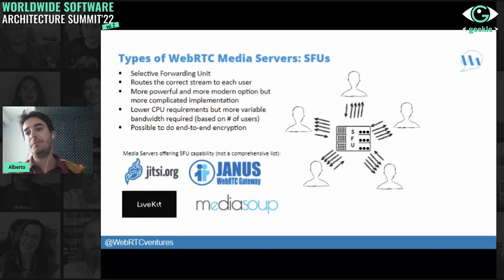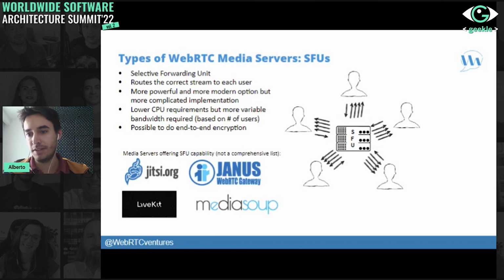And the other type of architecture for WebRTC media servers is the SFU approach. So SFU means selective forwarding unit. And in this case, we are routing the streams through the server, but the server is not mixing them. So I, as a user, would be sending a single audio and video stream, and that would be distributed to all the participants that need to see or hear that.